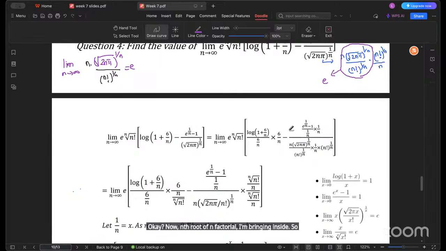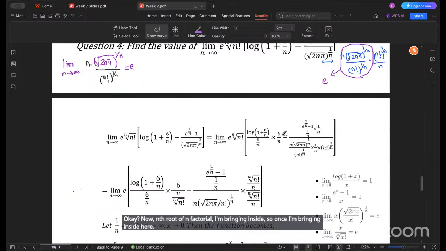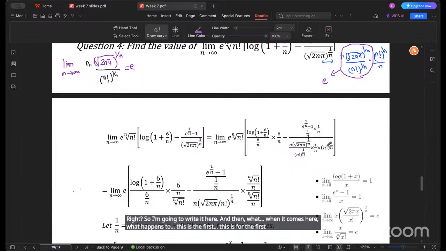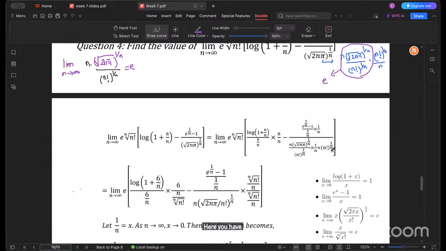Once I'm bringing it inside, instead of writing it in the numerator, I'm going to write it here, which is equivalent, right? This is for the first term. And what happens to the second term? In the second term, you already have n factorial power 1 by n here.